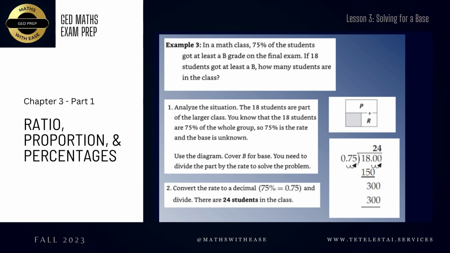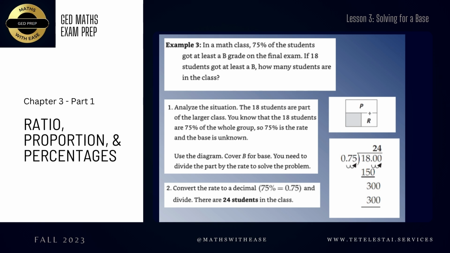So in this case, the last digit is 5, right? So we could express this rate by dropping the percentage symbol and moving our decimal point that's fixed here 2 places over to the left.